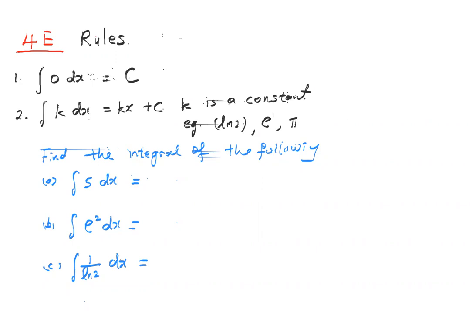So can I review the answer? This will be 5x plus c. This will be e squared times x plus c. This one will be 1 over ln 2 times x plus c. Got it? So that is the second rule.